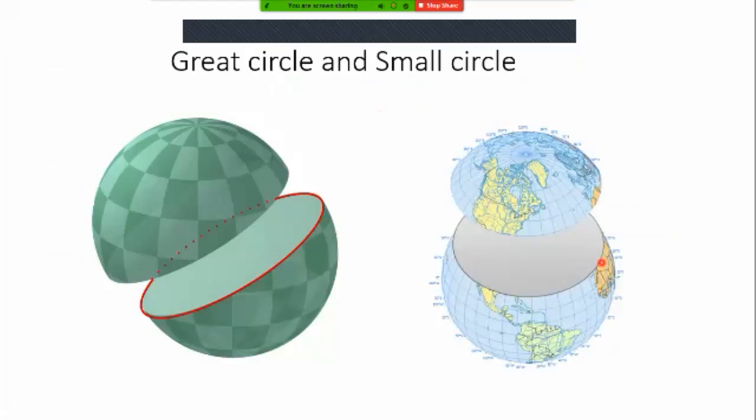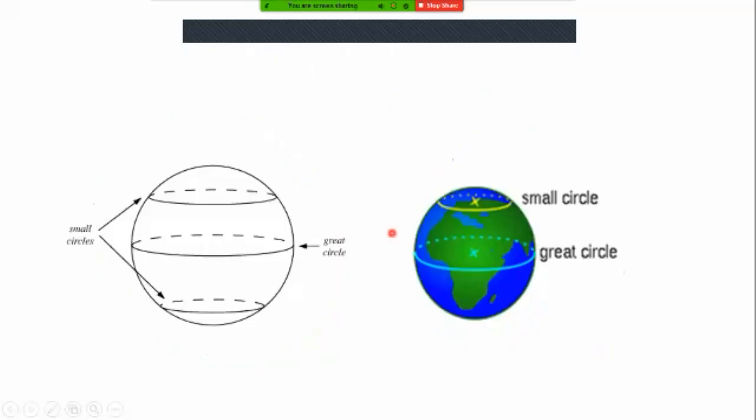A great circle is a circle which divides the earth into two equal halves. As you can see, this is the center of this particular circle which divides it into two equal halves, whereas all others are not able to divide it. Hence they are known as the small circles. So only the equator is the great circle and all other latitudes are small circles.